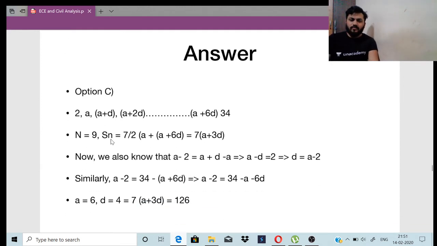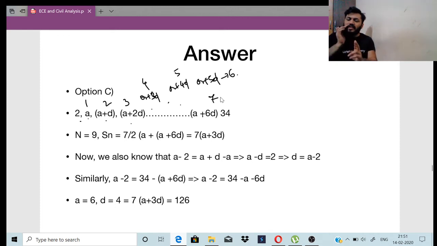So it is like this: 1, 2, 3, a plus 3d which is 4, a plus 4d which is 5, a plus 5d which is 6, and this is 7. There are 7 numbers between 2 and 34, right? So n is equal to 9.